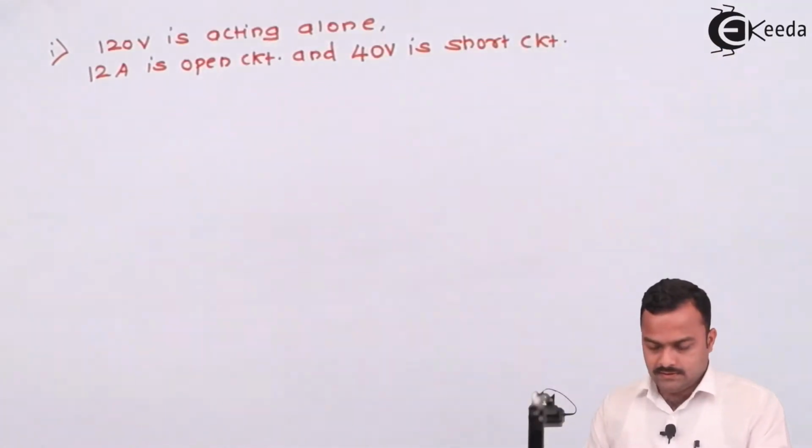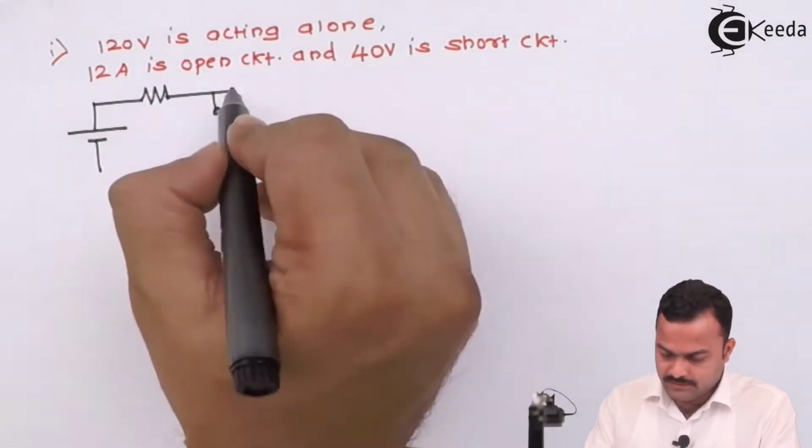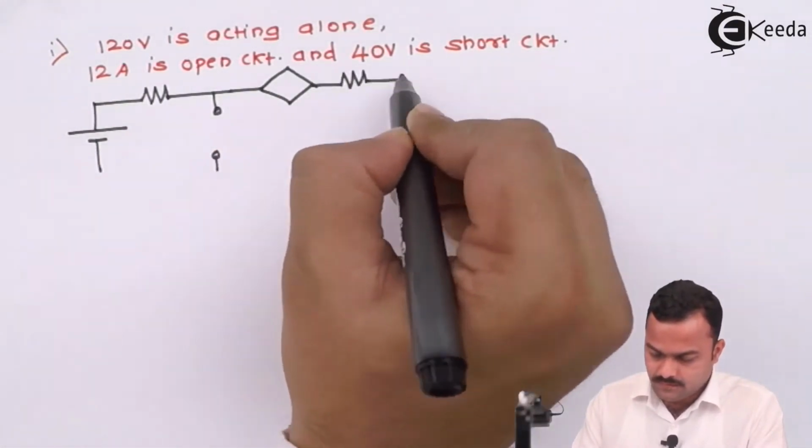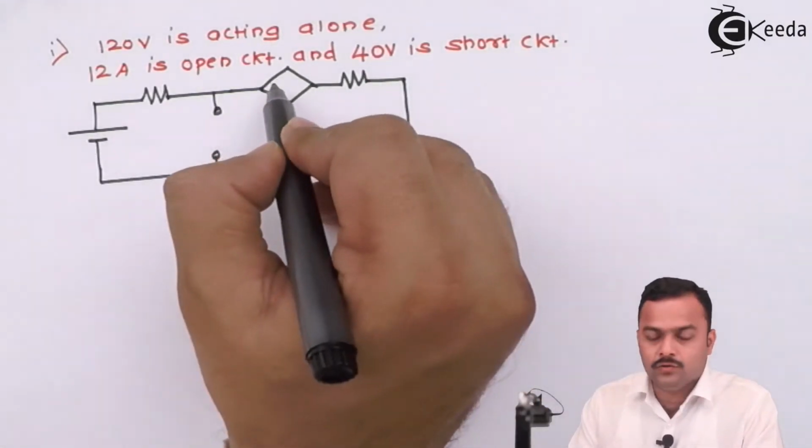So we'll get a circuit like this. We'll get a simple circuit consisting of only one loop.